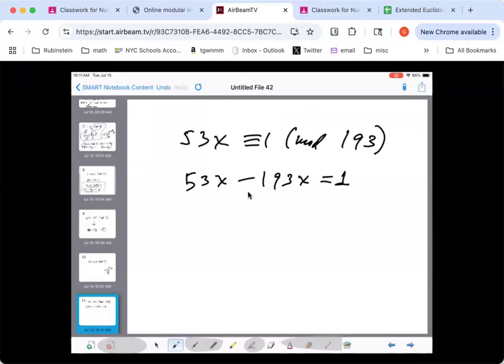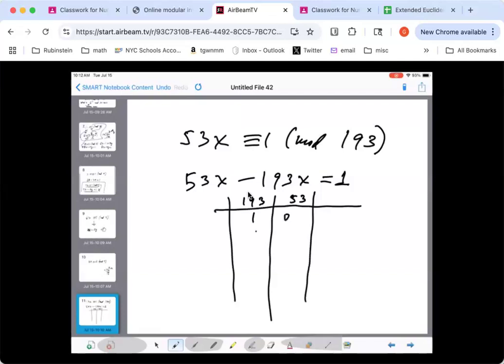But yesterday we learned how to do questions like this. In fact, questions 8 and 9 yesterday were about doing questions like this. We would end up with minus 14 and 51.